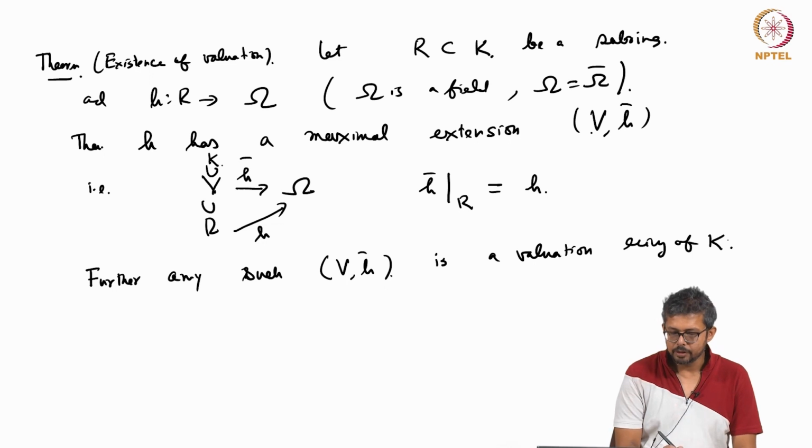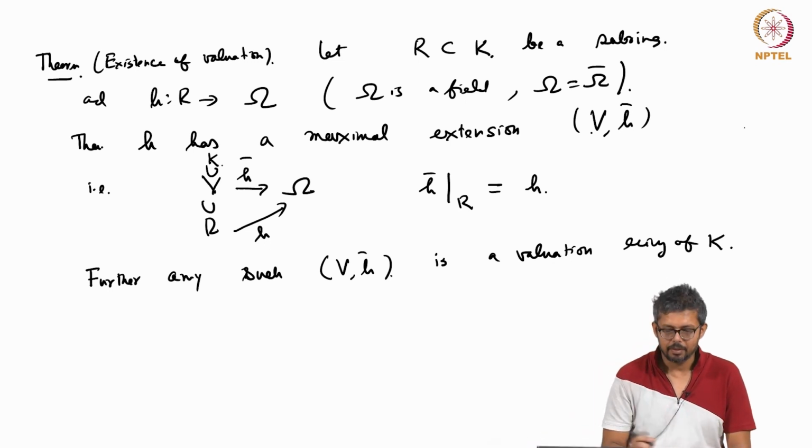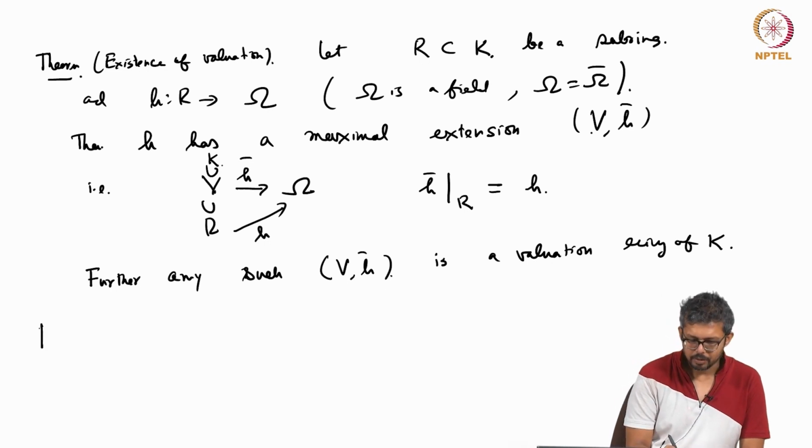As you know, for most existence proofs in commutative algebra, you take help from Zorn's lemma. So here also we will do the same.